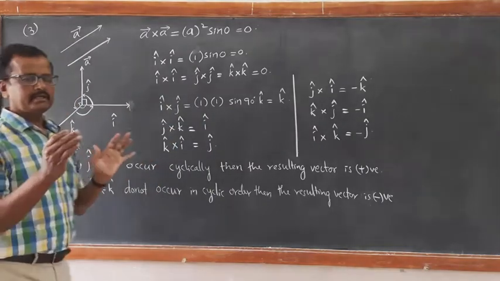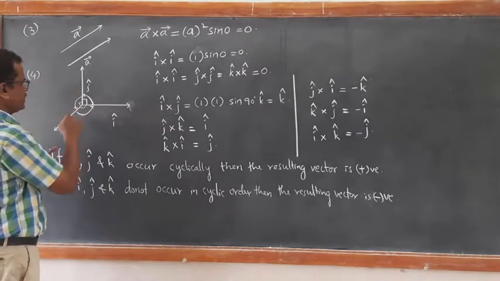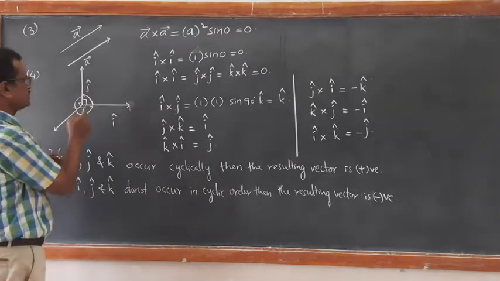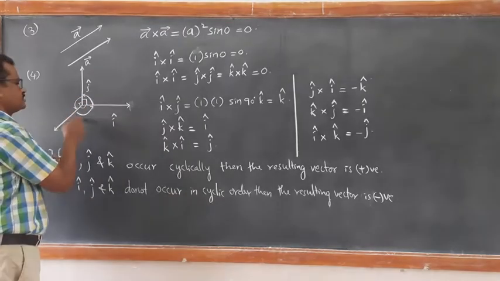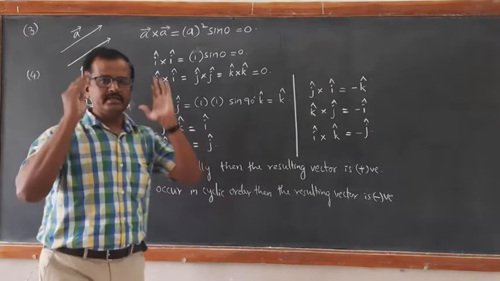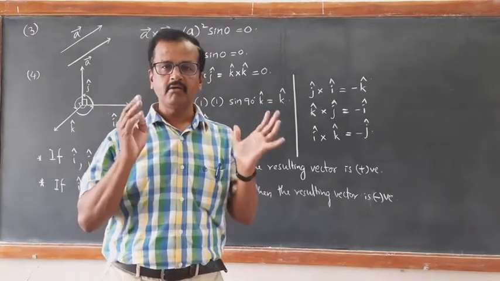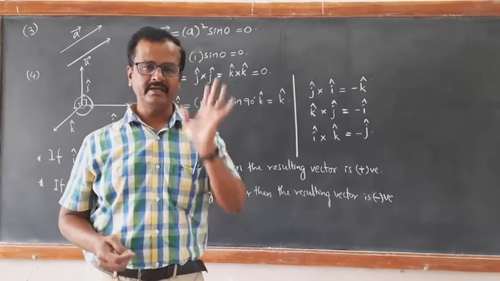The moment you get any cross product, you must immediately draw these i, j, k mutually perpendicular vectors, and draw i cross j equal to k, j cross k is equal to i, k cross i is equal to j. If you draw the diagram, you can remember the perfect order. If the order is reversed, then you will get a negative vector.